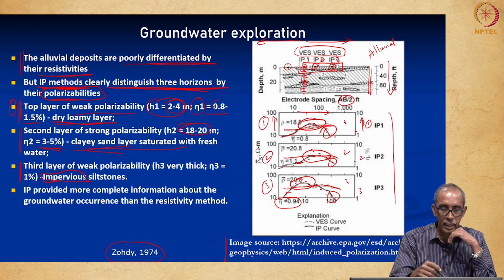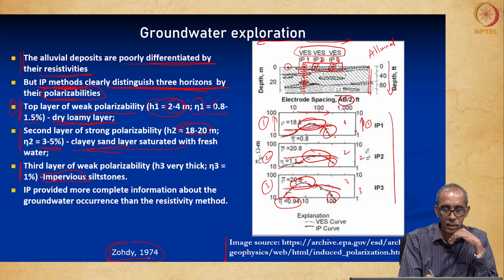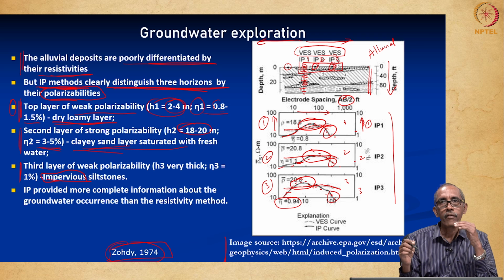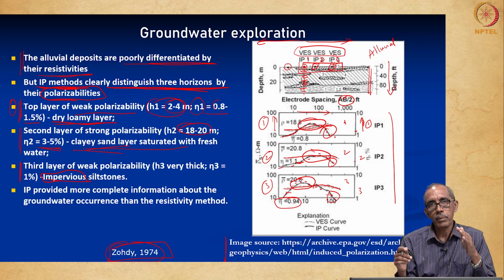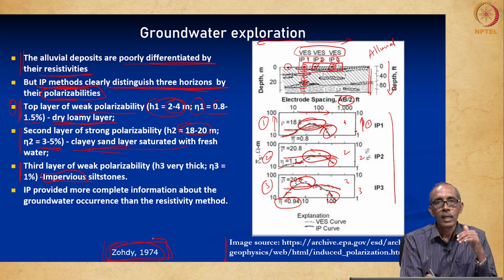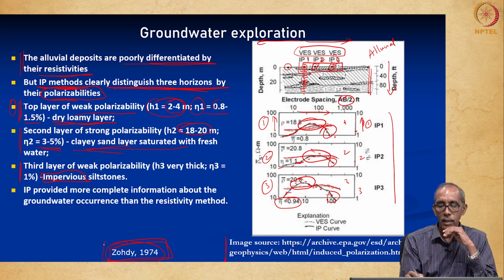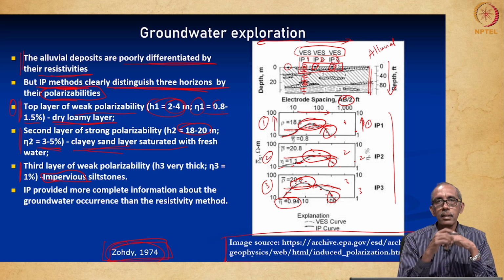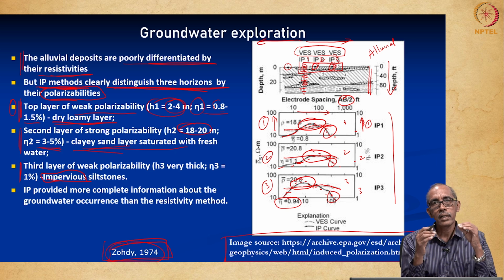Thus, in the study carried out by this group of people, right, we could clearly differentiate the application of electrical resistivity method and the induced polarization method. In this site, as claimed by these scientists, it is evident that resistivity did not give much information, right.